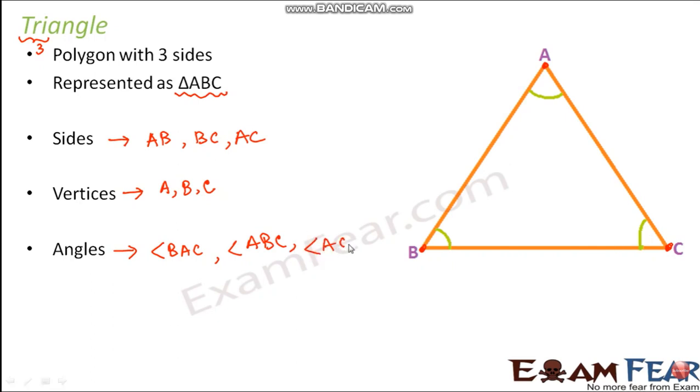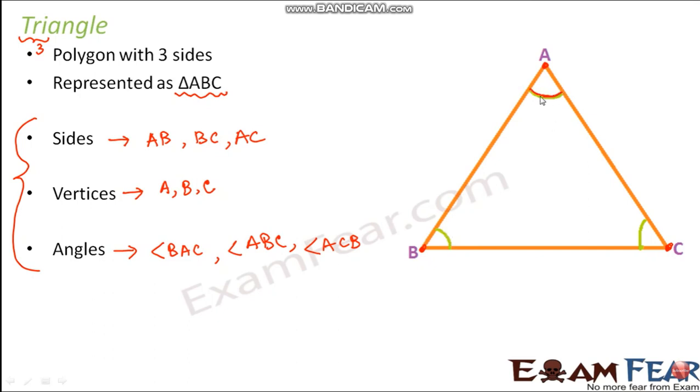Similarly, this angle can be written as angle ACB, between AC and BC. So there are 6 elements which define a triangle: 3 sides, 3 vertices and 3 angles.